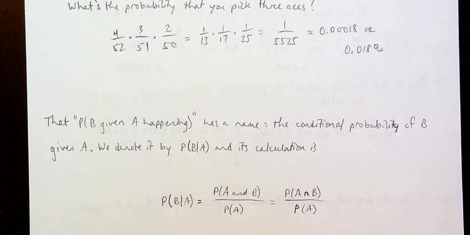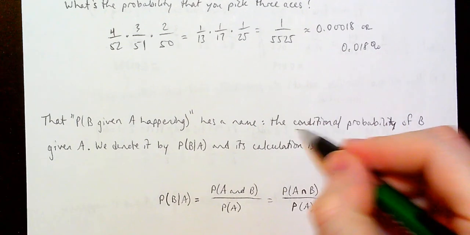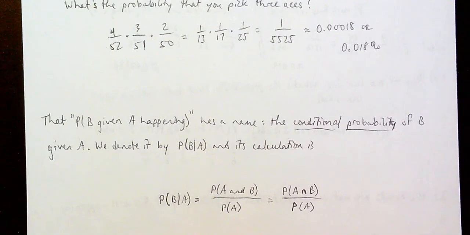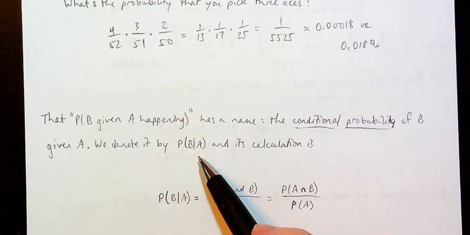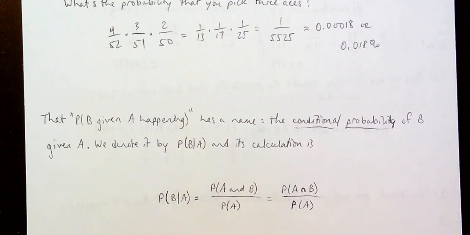It's referred to as the conditional probability of B given A. We specially denote it by P of B, then a vertical bar, and then A. And its calculation is given by this formula right here. P of B given A is equal to P of A and B divided by P of A.